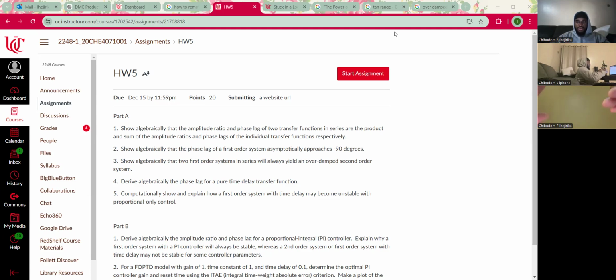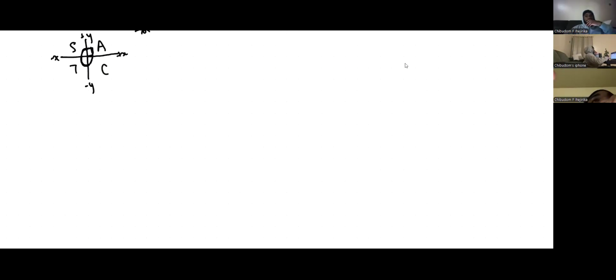And overdamped is when it's going to be greater than 0. So that was my fault. Greater than 0, so that's what we're going to be focusing on. Let me stop sharing. Okay, so now we can go into why it's going to be over 0, to show why it's always going to be basically overdamped in this case.